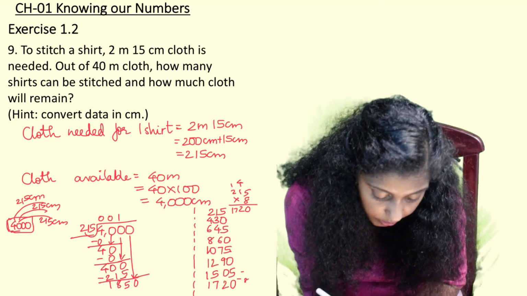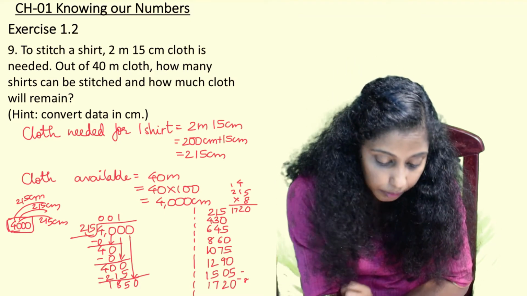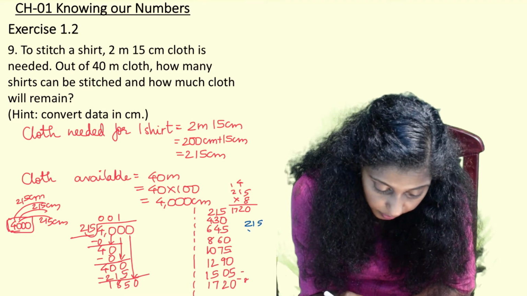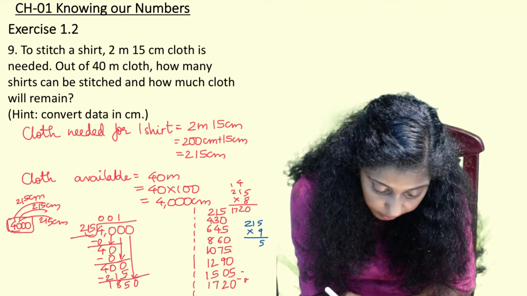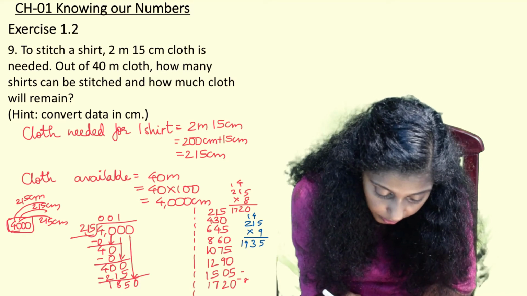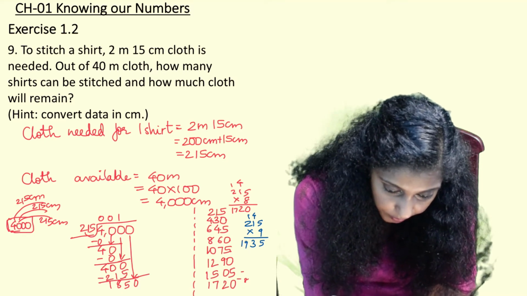We get 1720. And if we multiply 215 with 9, in the rough column we do it: 9 5s are 45, 9 1s are 9, 4 13, 9 2s are 18, 1 19, 1935.